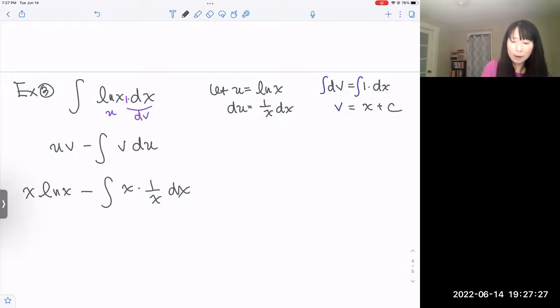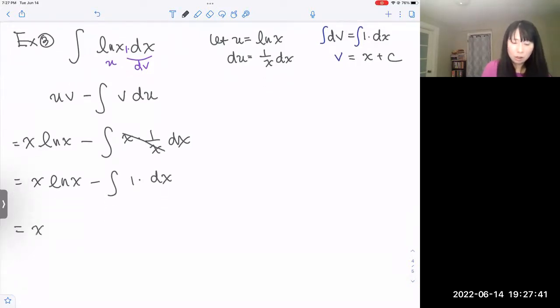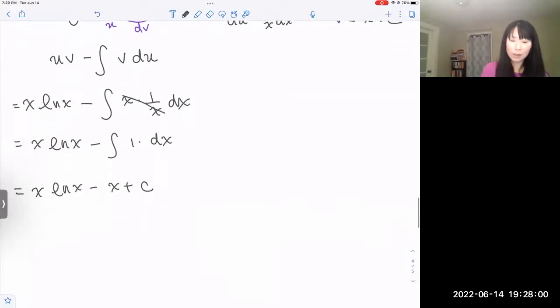Now we can simplify this one. Now we have 1 times dx. We have had a couple of experiences already, right? What's the integral of 1 times dx? Excellent. So we have x plus c, right? Good.